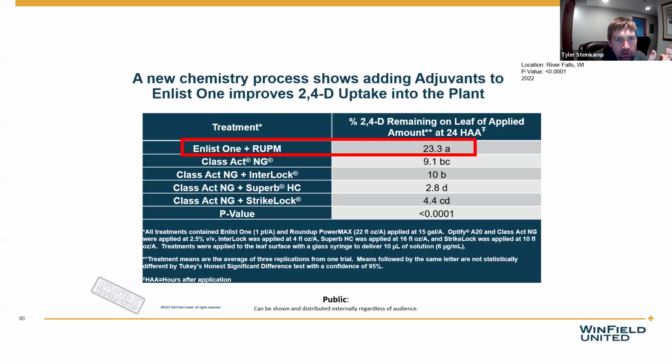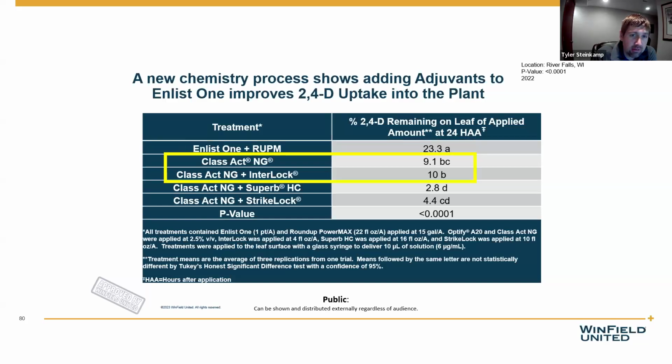So as we look at how to improve our consistency of weed control, one of the biggest things is how can I use adjuvants, nozzles, and all of these different things, added together, to get the most amount of active ingredient into that plant.